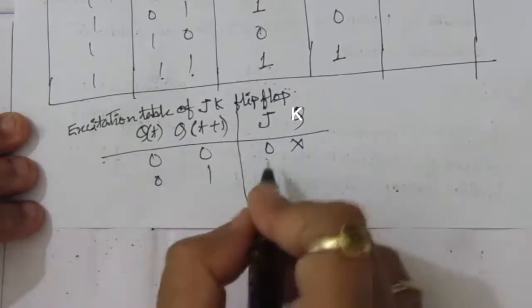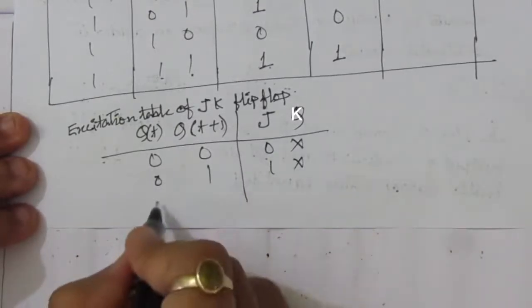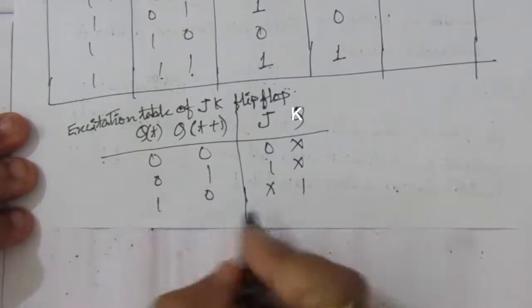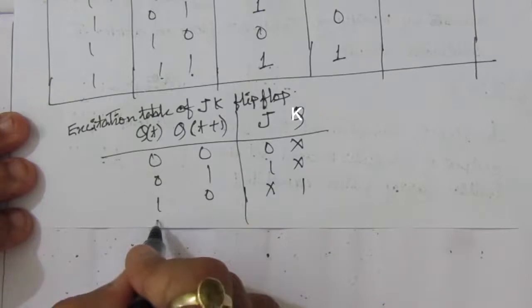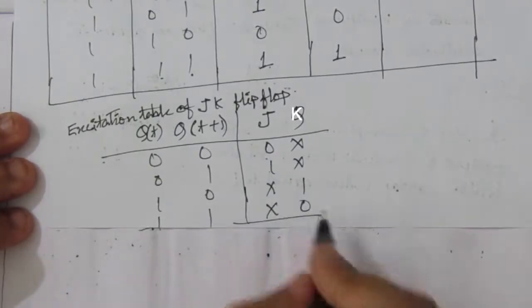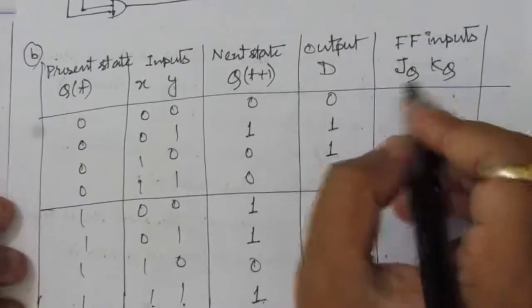For 0 1 it will be 1, don't care. Next for 1 0 we'll have don't care, 1, and we have already seen this. For 1 1 we'll have don't care and 0. So we have to use this excitation table for finding out the values of JQ and KQ.